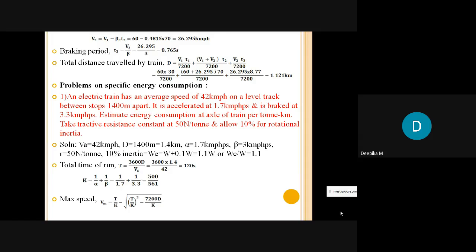The maximum speed Vm is T by K minus the square root of T by K whole square minus 7200 D by K. This we derived in the derivation on the trapezoidal curve, so that is the maximum speed with respect to the trapezoidal curve. We are again using that formula. T we have, K we have, and the total distance D they have given. Let us substitute the data. Hence we get 52.0677 kilometer per hour as the maximum speed.